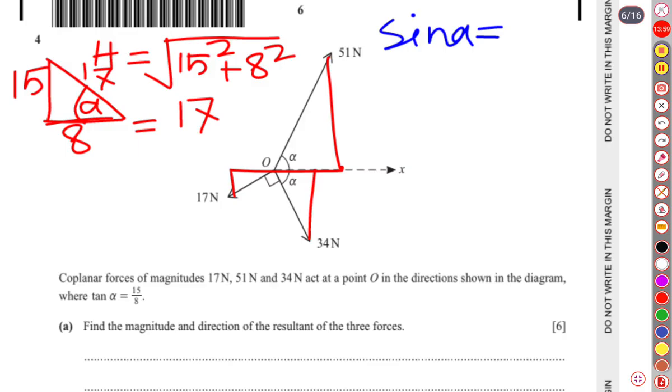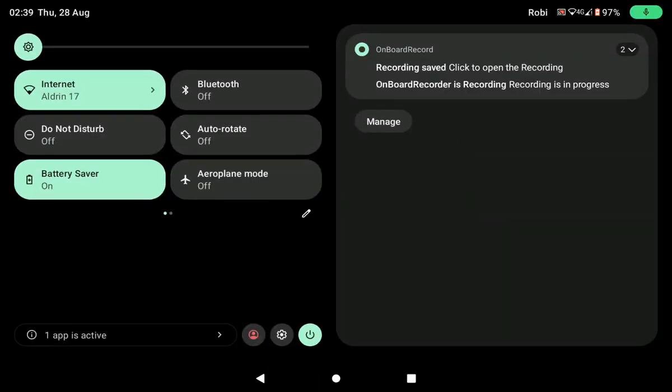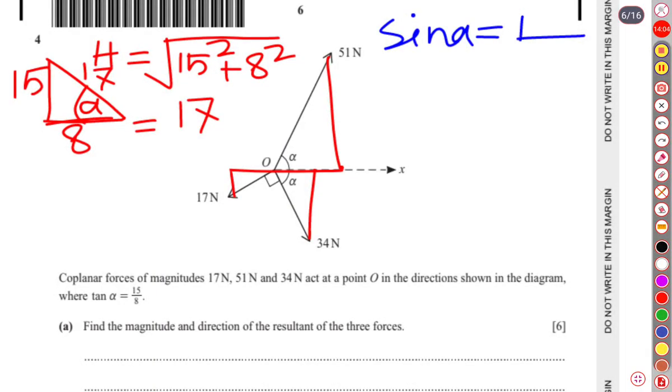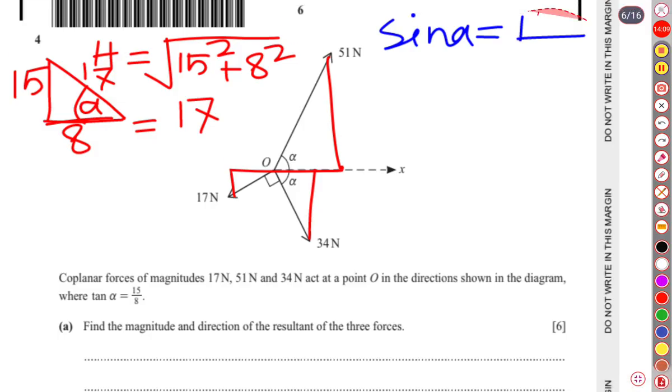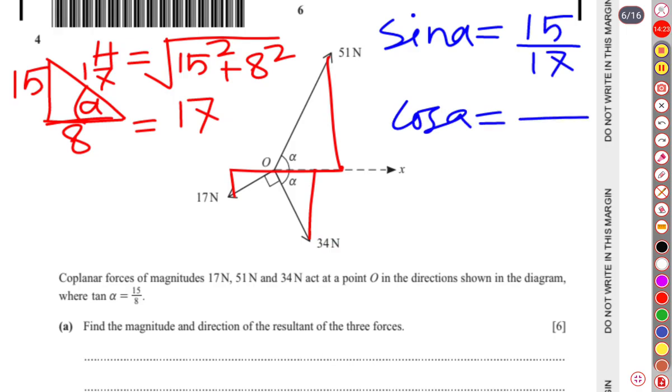So 15 over hypotenuse is 17. Then cos alpha is going to be adjacent over hypotenuse. Hypotenuse is 17, so adjacent is 8. 8 over 17. Okay, we have got both the sine and cosine values.